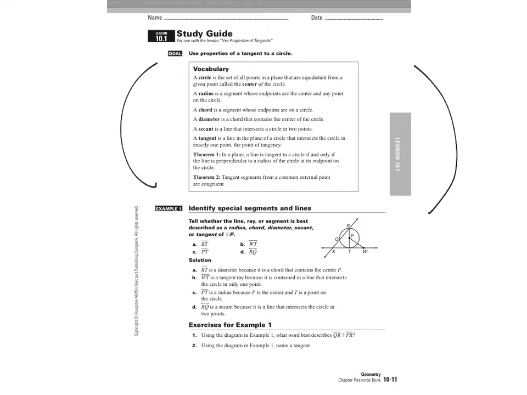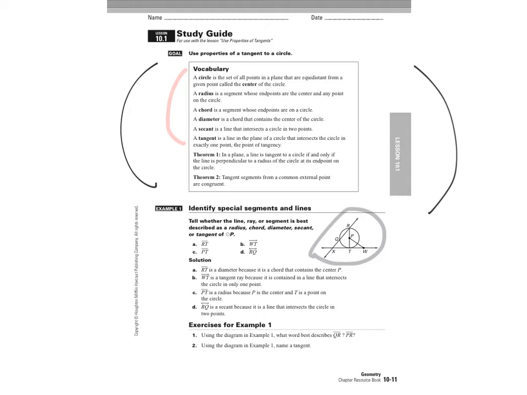Know if I give you a picture of a circle like this, that you could name a radius, or name a diameter, or name a chord, or a secant, or a tangent. So all of the vocabulary words that are right here, be able to identify those if given a picture. Also know the theorems and how to apply them.